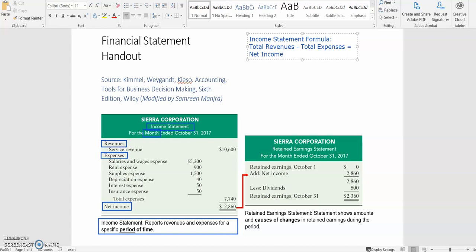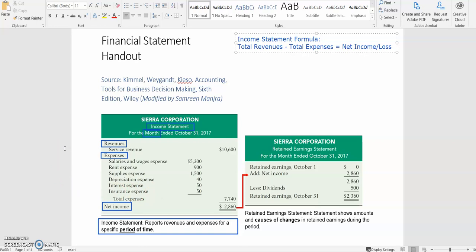And if your expenses are more than the revenues, you'll end up with a loss. You'll also notice that you do not need to include any negative signs because the word expenses is telling you what is going on with the account, that the amounts are going to be deducted from the revenues because the expenses are a cost. So please keep that in mind when it comes to formatting.